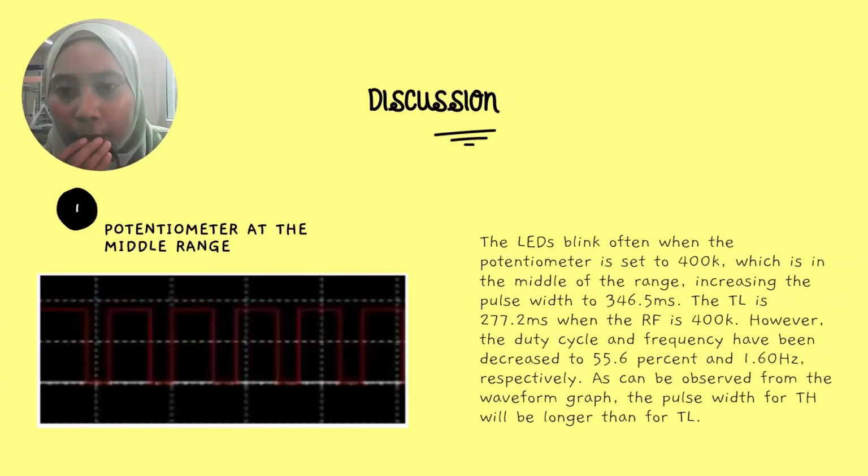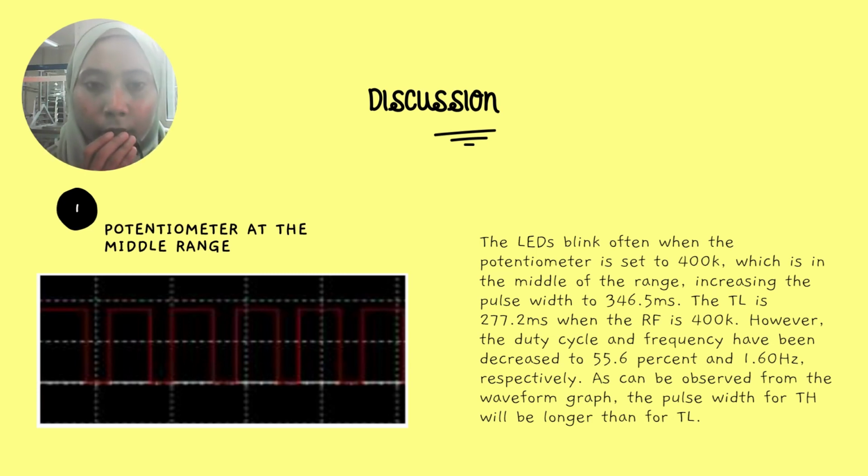Second, potentiometer at the middle range. The LEDs blink often when the potentiometer is set to 400K, which is in the middle of the range. The pulse rate increases, with TH at 346.5 milliseconds. The TL is 277.2 milliseconds when the RF is 400K.